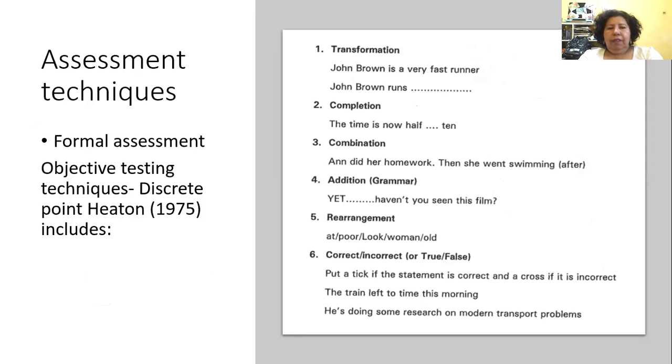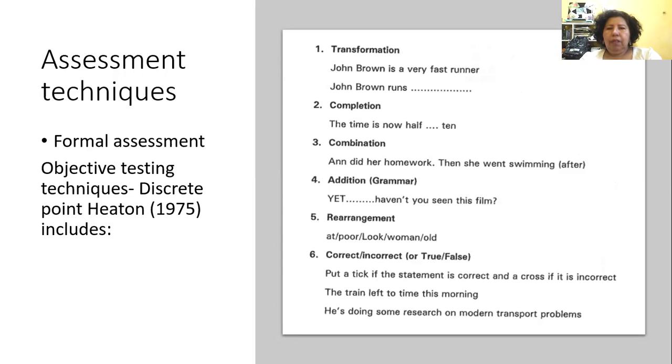Well, formal assessment, objective testing techniques, they can be discrete point according to Heaton in 1975. And he established that this objective testing includes these types of elements or characteristics.